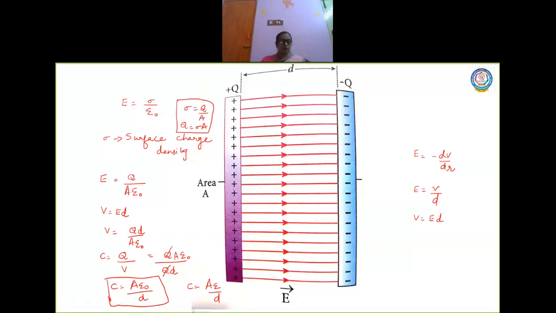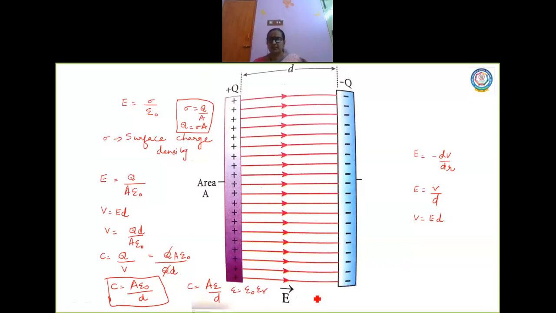And as you all know, how can epsilon be written? Go back to the first chapter, Coulomb's law, where we discussed epsilon equals epsilon naught epsilon r, with respect to some medium.